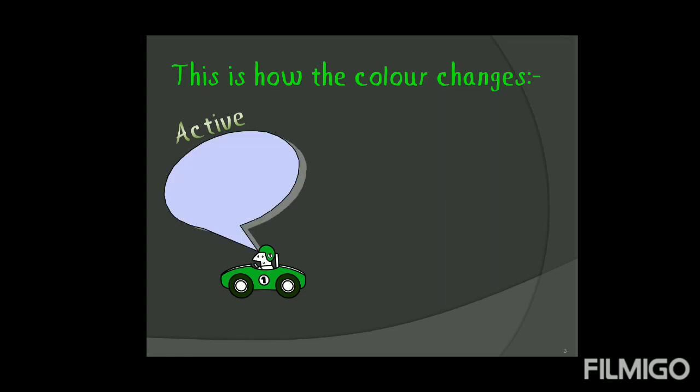As you know, whenever we discuss voice, two names appear to us, and the first one is active. And what is active? Suppose this is a car and the driver is driving it. Now if we consider what the driver would say while driving the car, he would inform, I drive the car.